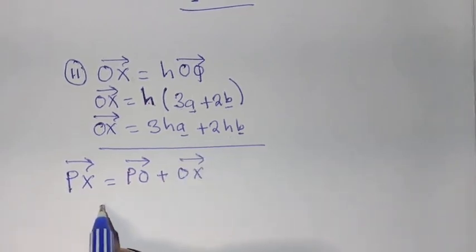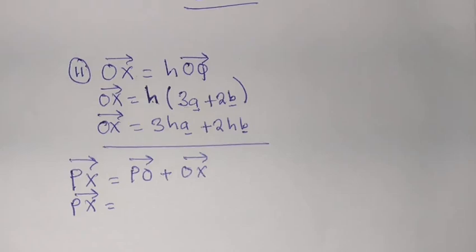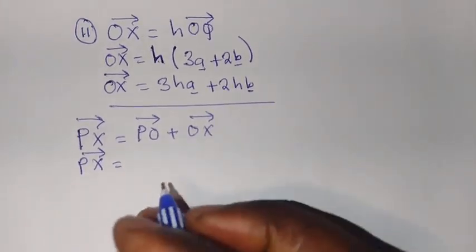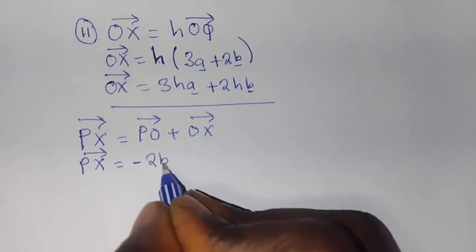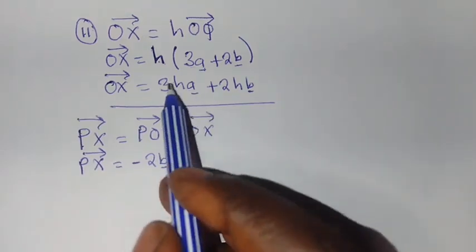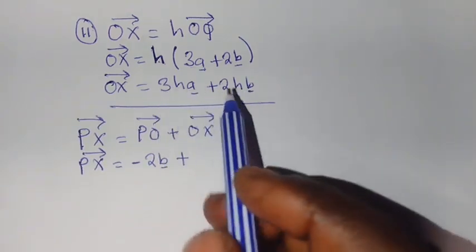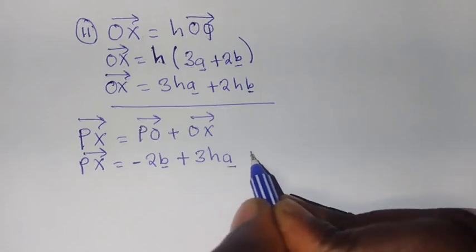So from here, what are we going to do? We'll say PX equal to, so I do hope that you are following. PO, I said is against the direction, so it will be negative 2B vector. Then plus OX, this is the OX you answered on top right here. So just write it, 3HA vector plus 2HB vector.